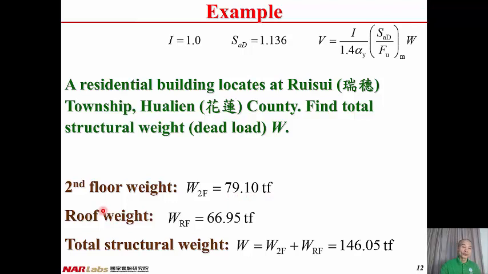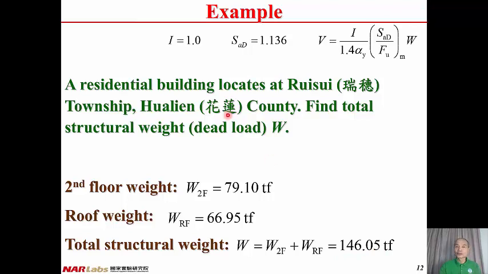And the weight of the roof floor, WRF, equal to 66.95 ton force. And the total weight of the structure, equal to the summation of W2F and WRF, equal to 146.05 ton force.